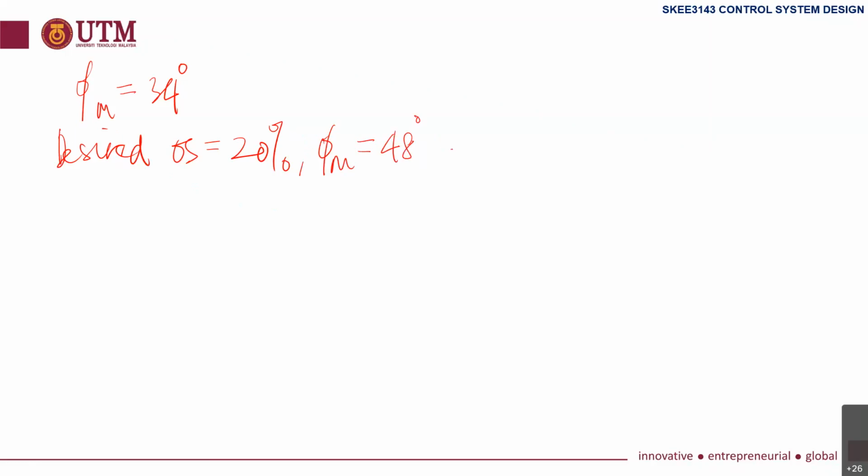Okay, this can be obtained from the graph of overshoot, zeta, and also phase margin. In order to get 20%, phase margin must be 48 degrees.